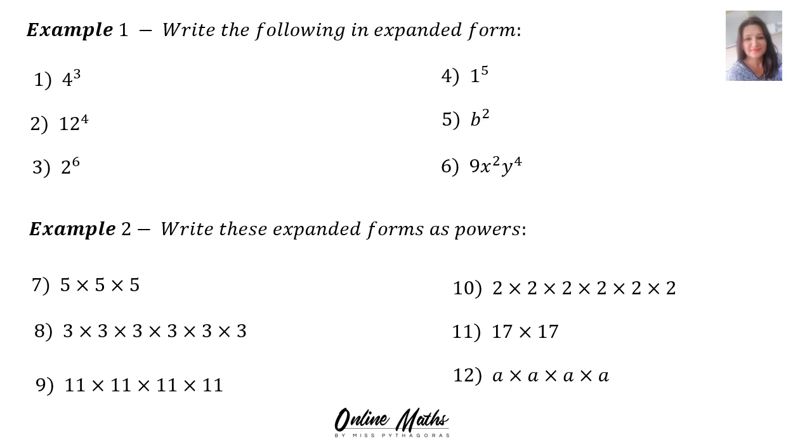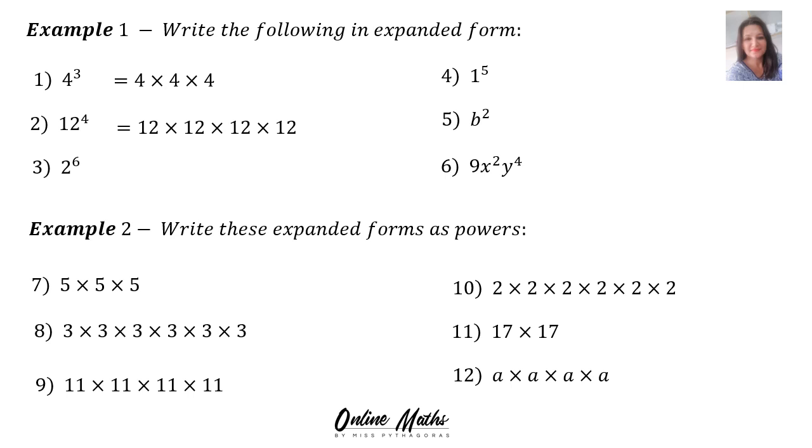Example 1. Write the following in expanded form. Number 1. If I give you 4 to the power of 3, it means 4 times 4 times 4. Number 2. 12 to the power of 4 means 12 times 12 times 12 times 12.